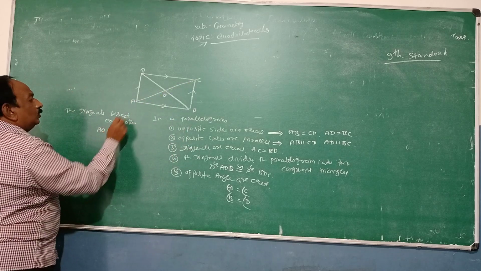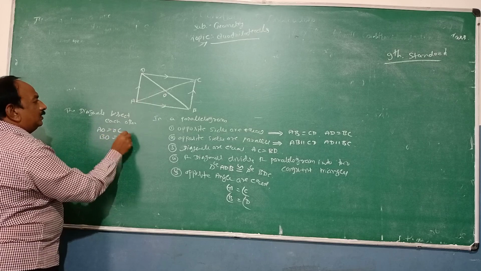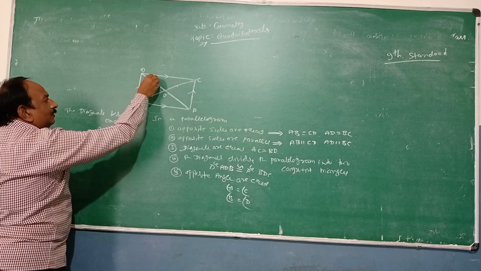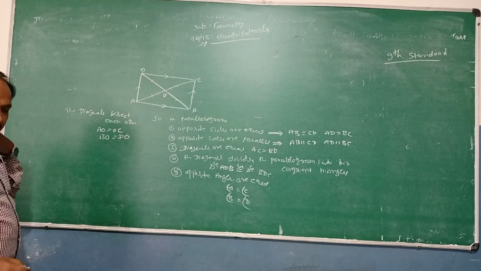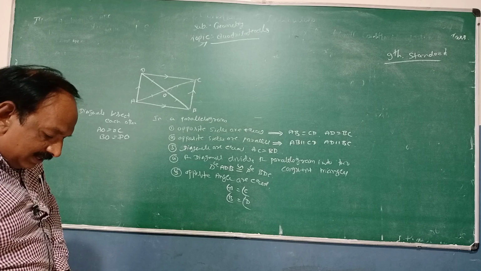AO is equal to OC and BO is equal to DO. This one is equal to this one, this one is equal to this one. Diagonals bisect each other.